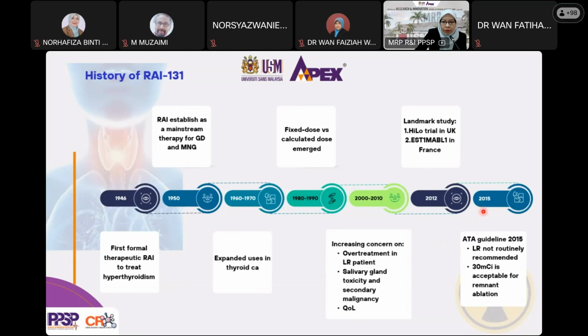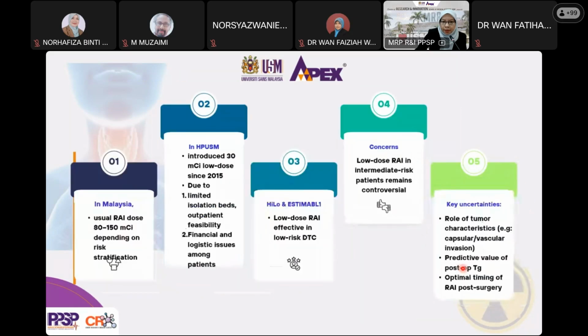In 2015, a new guideline was provided where low risk patients are not routinely recommended to receive any RI, but 30 mCi is acceptable for remnant ablation. So the question now is, are we treating too much, or do our patients receive an overdose of RI?